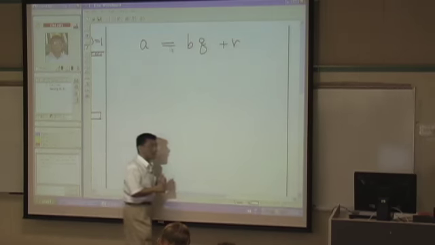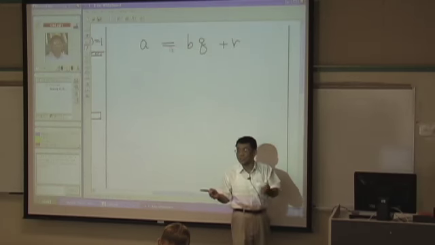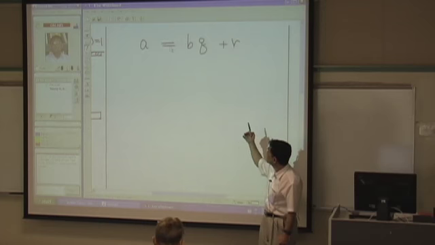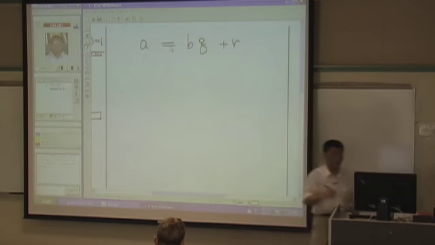But the key part was not proved. We only used the Euclidean algorithm to calculate the result, but the key portion was not proved. What was the key portion?